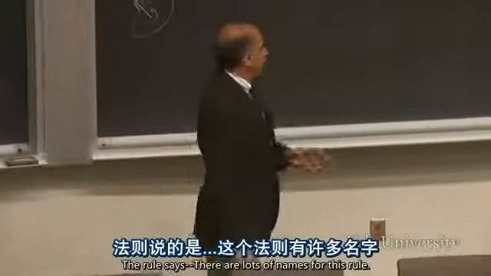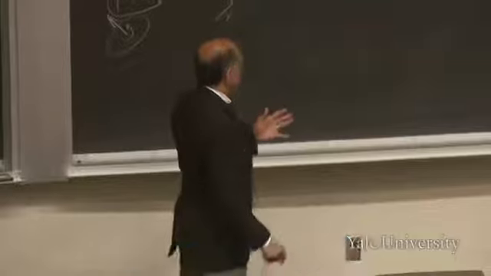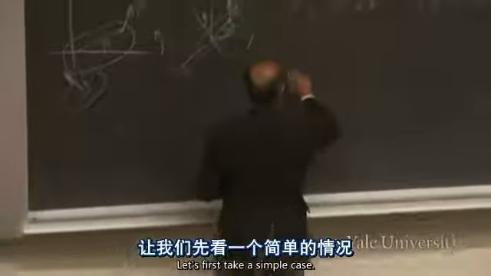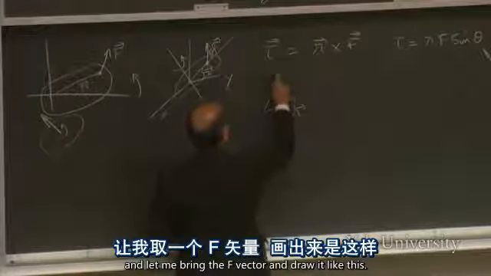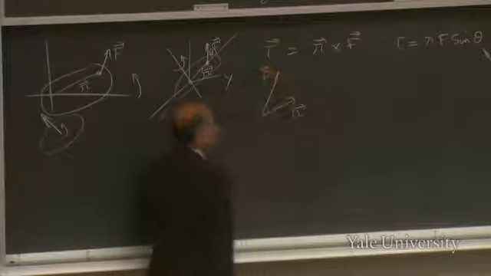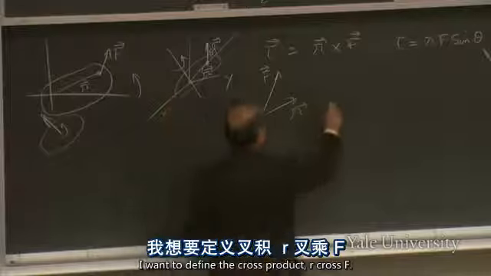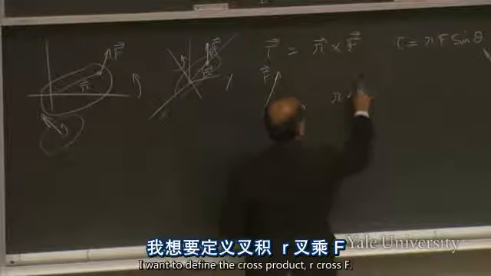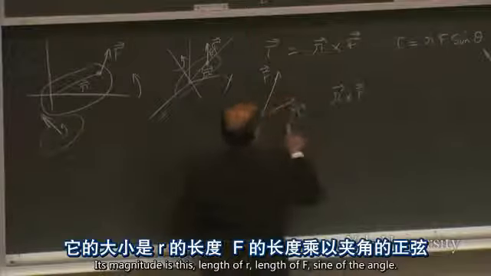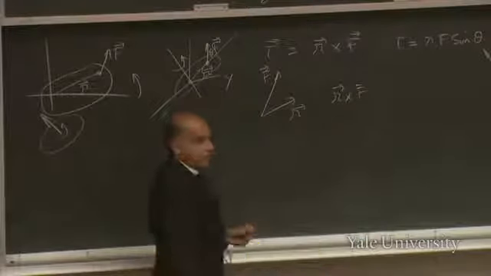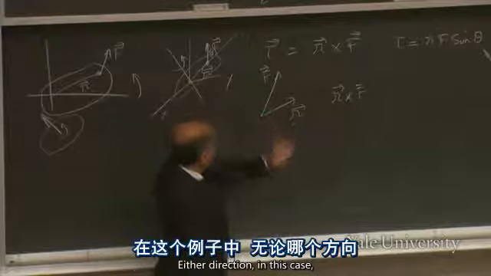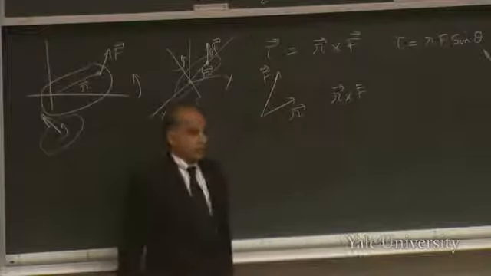There are lots of names for this rule. Let's first take a simple case. Here is r, and let me bring the F vector and draw it like this. I want to define the cross product, r cross F. Its magnitude is the length of r, the length of F, times the sine of the angle. I'm trying to pick a direction. In this case, it is going to be either out of the blackboard or into the blackboard.